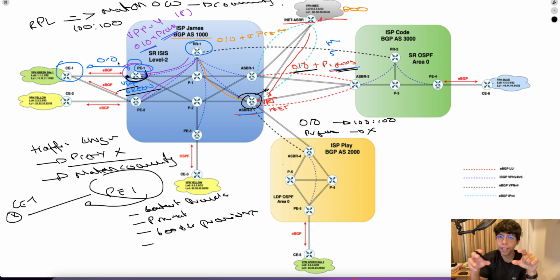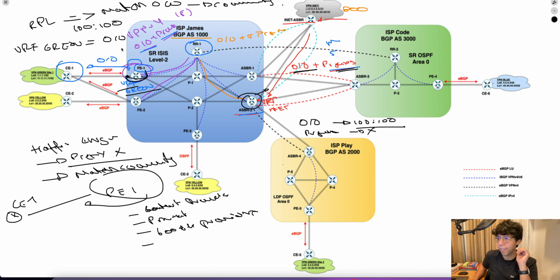We'll create a route policy: if community matches any, then pass, else drop. You will see how it looks. At the end, P1 will import under the VRF green only the default route that was received in ASBR2 and marked with 100:100, because we are importing under the VRF green only the prefix that has the community 100:100.